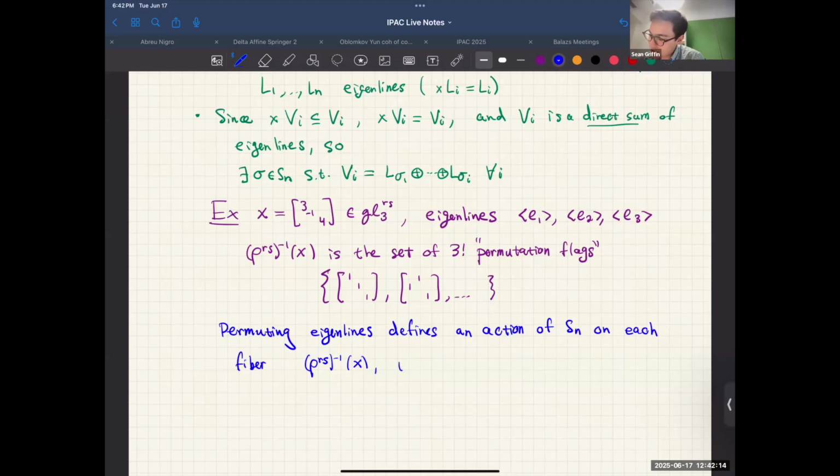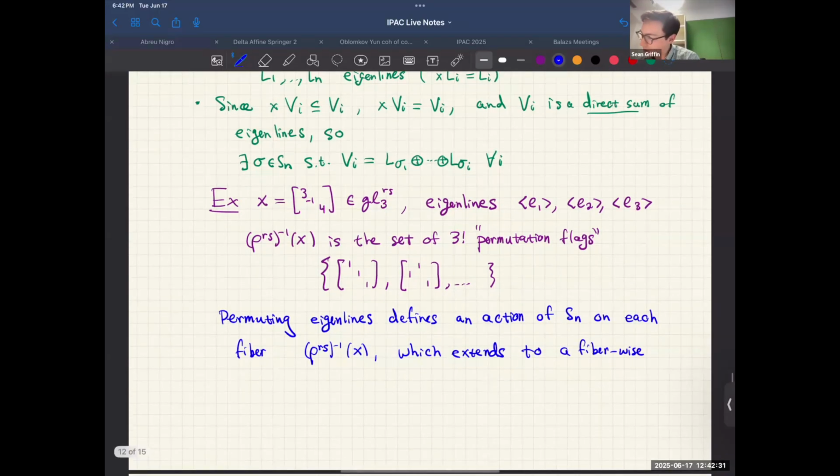And then this action basically extends to the entire map. So it's a fiber-wise action of Sn on the regular semi-simple locus.